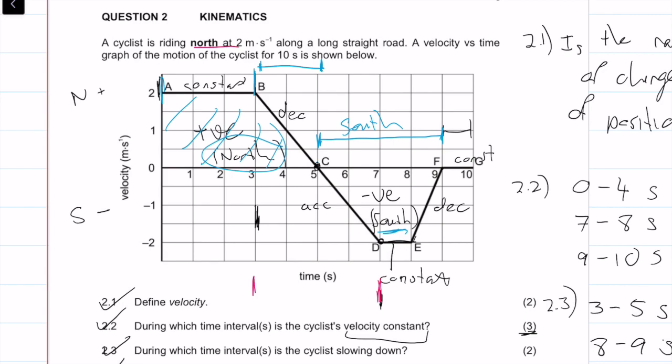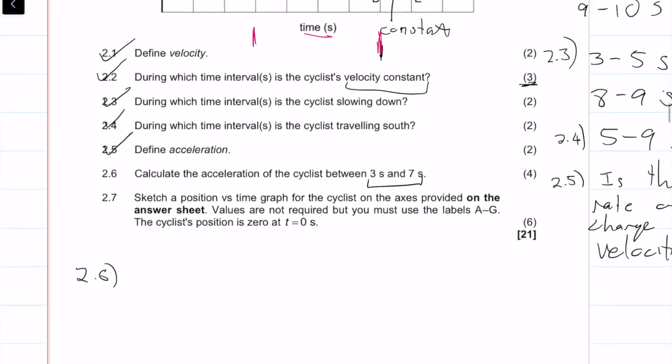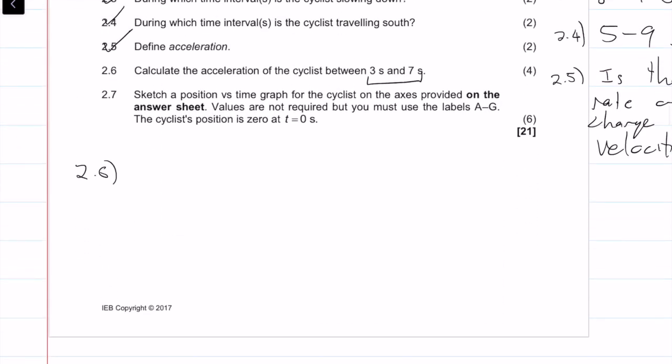Remember we've been given a velocity time graph. So to get the acceleration, we're looking at the gradient. The acceleration is equal to our gradient, which is the change in y over change in x.